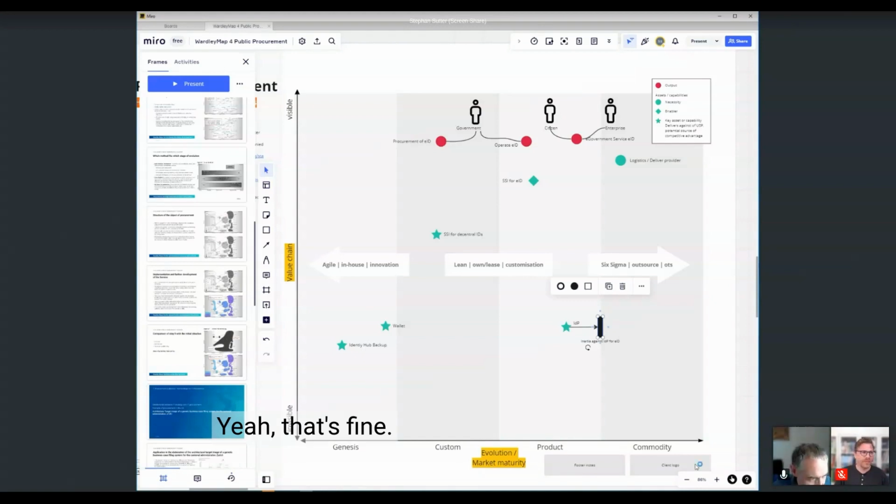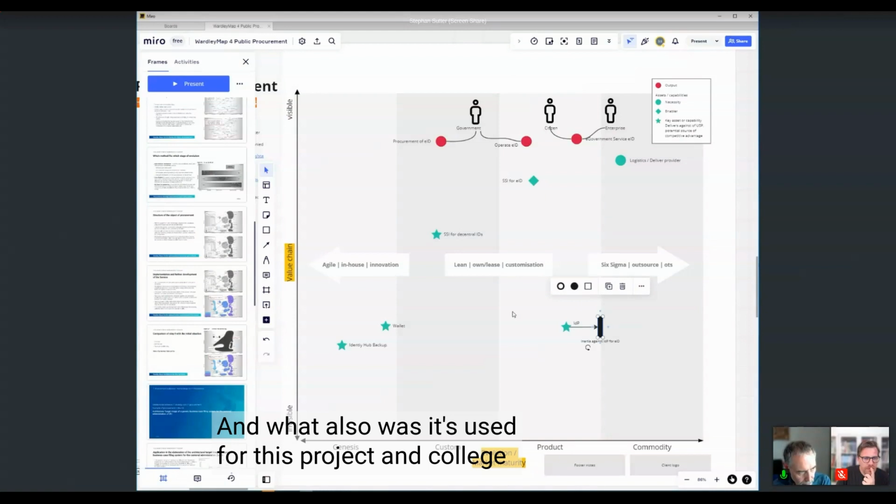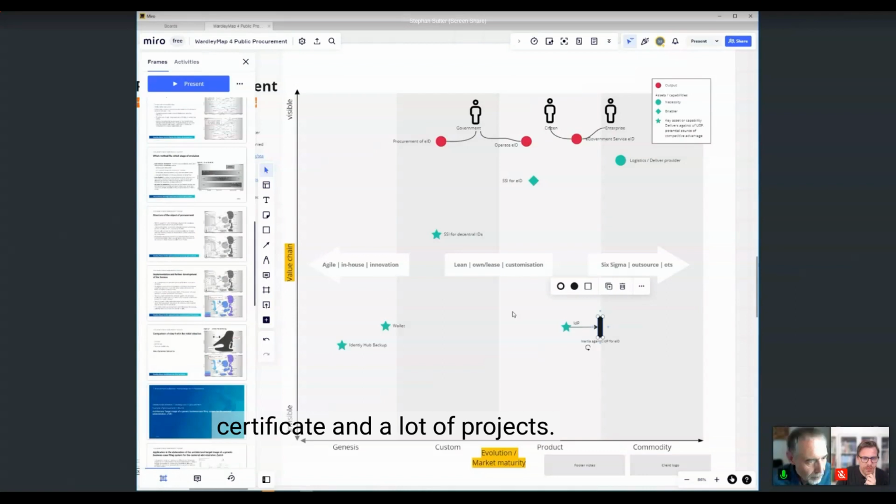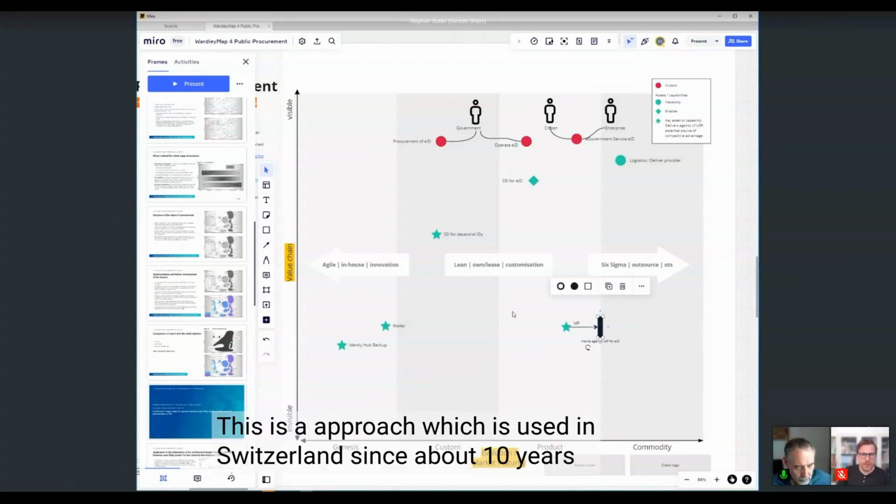that's fine. One way we discuss is what works today and what is used for this project, the COVID certificate and a lot of projects. This is an approach which has been used in Switzerland for about 10 years.